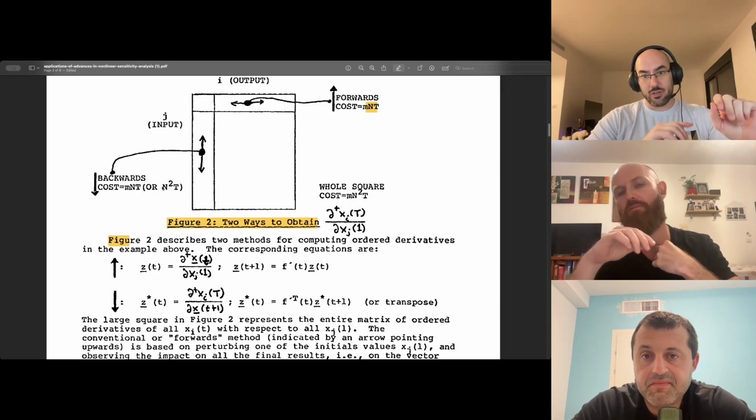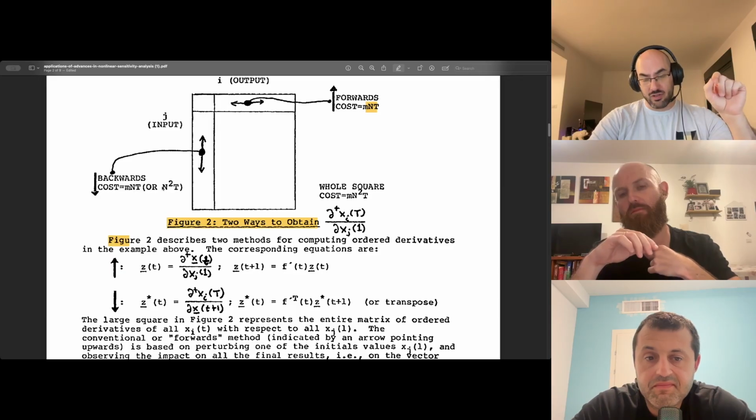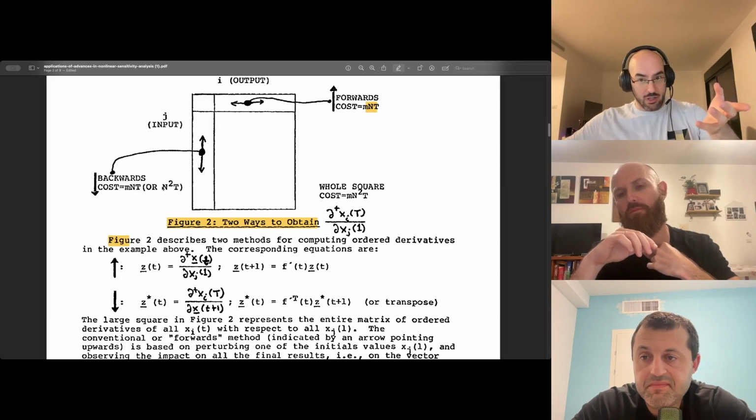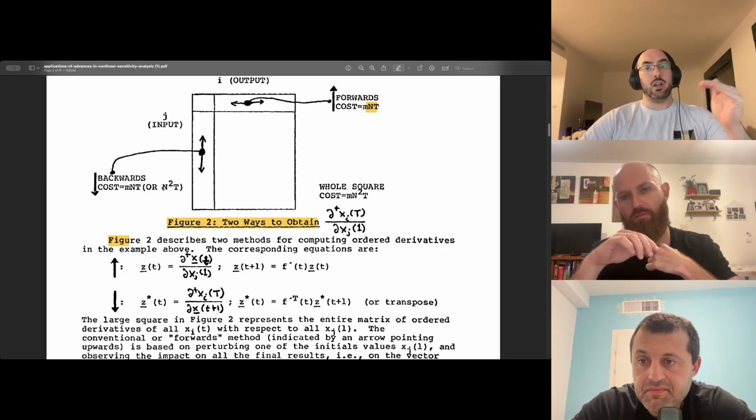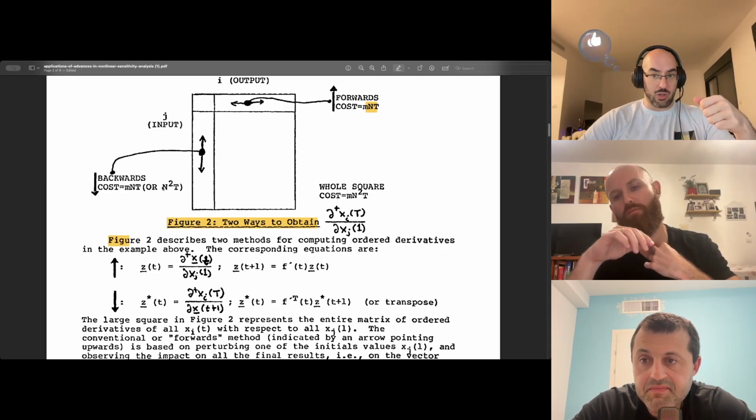But notice the shift in paradigm. Here he's talking about differentiating with respect to the exogenous inputs. So the input of the system, like the image that the neural network is analyzing. And that's not how we usually use backprop today. We use backprop with respect to the parameters of the network.